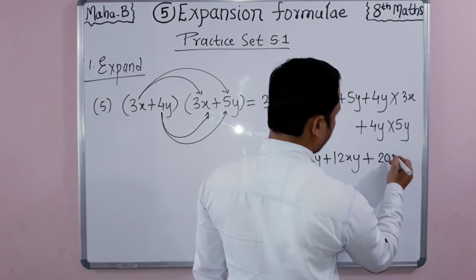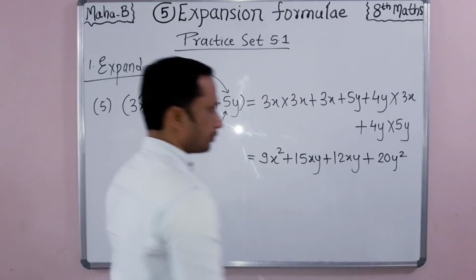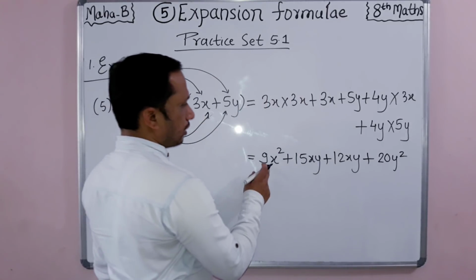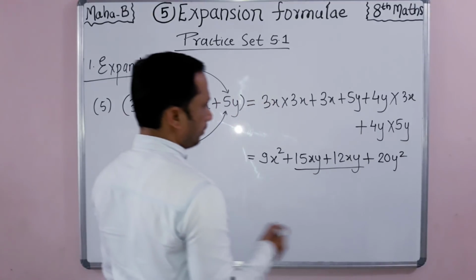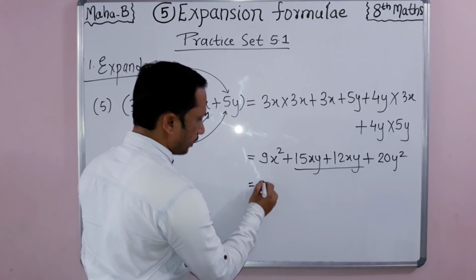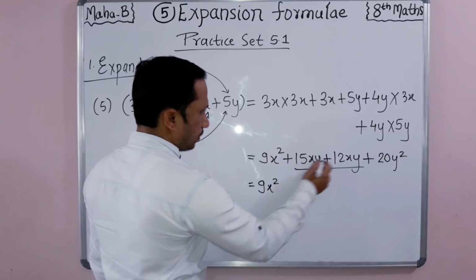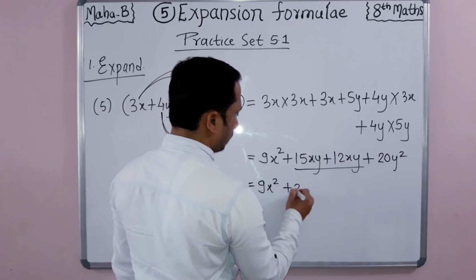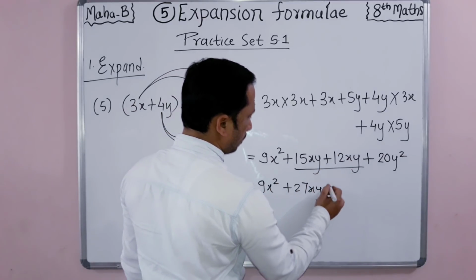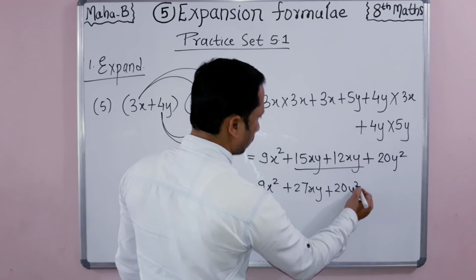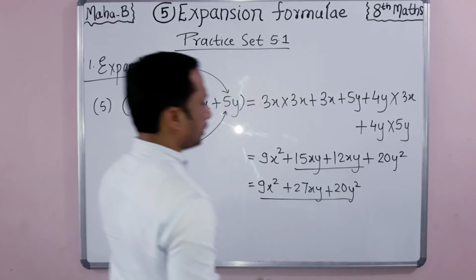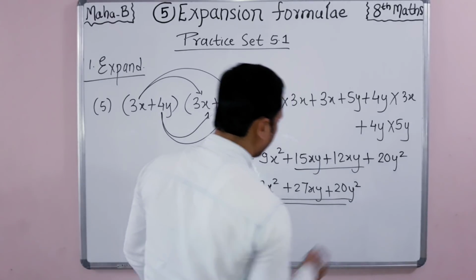Now 15xy and 12xy will be added to each other and we will get 9x square plus 27xy plus 20y square. So this is the expansion of the given two expressions.